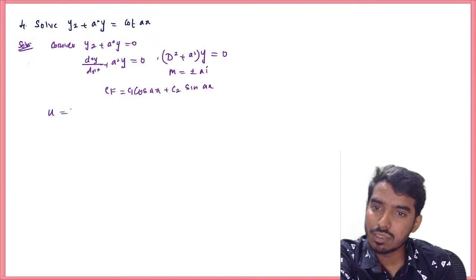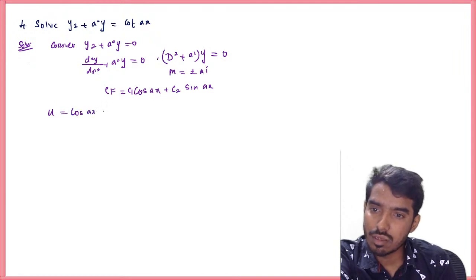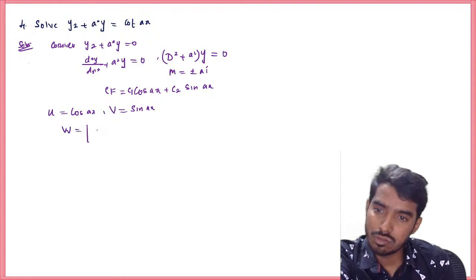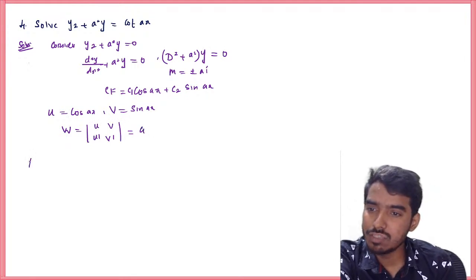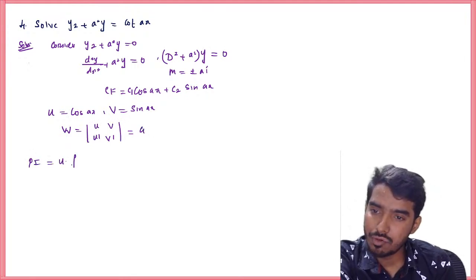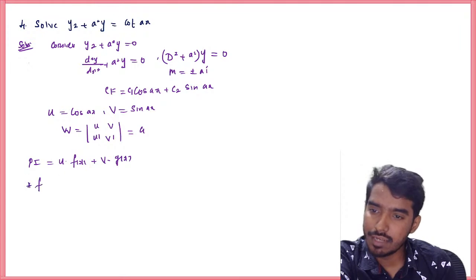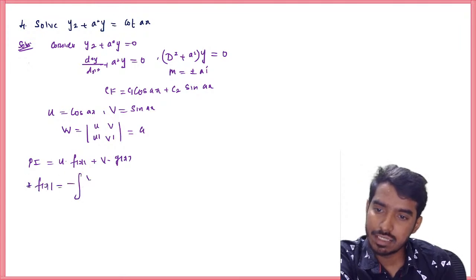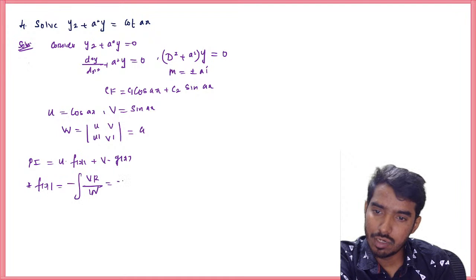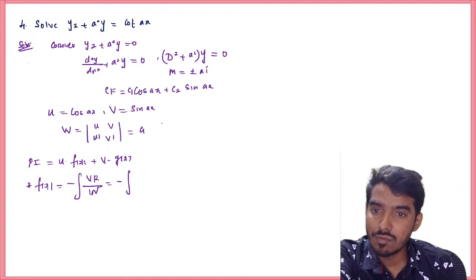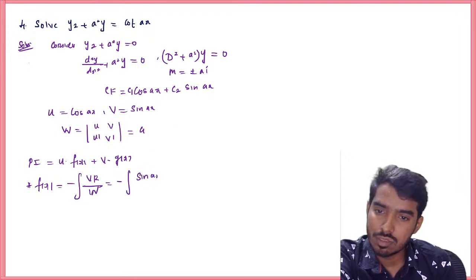Now your u is cos ax and your v is sin ax. Find the Wronskian. So it is u v, u dash v dash. Again, you're going to get a only, right? Now, what is your particular integral? U into f of x plus v into g of x. This is your particular integral. Now we'll find f of x, minus integration of vr by w. What is v? V is sin ax.